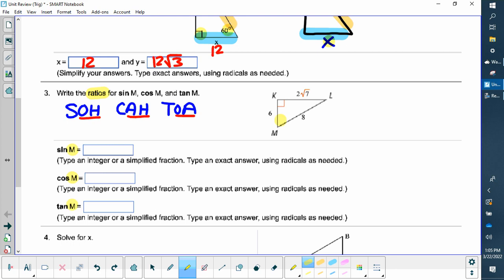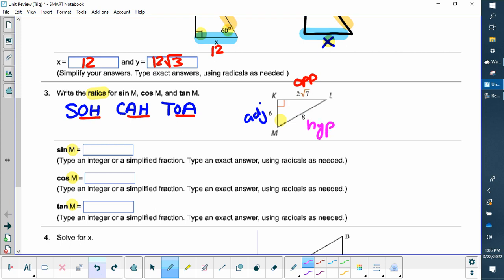I'm going to start naming some sides. Across from the reference angle is called opposite. Right next door to the reference angle is called adjacent. And always across from the 90 degrees is my hypotenuse. So this is height.